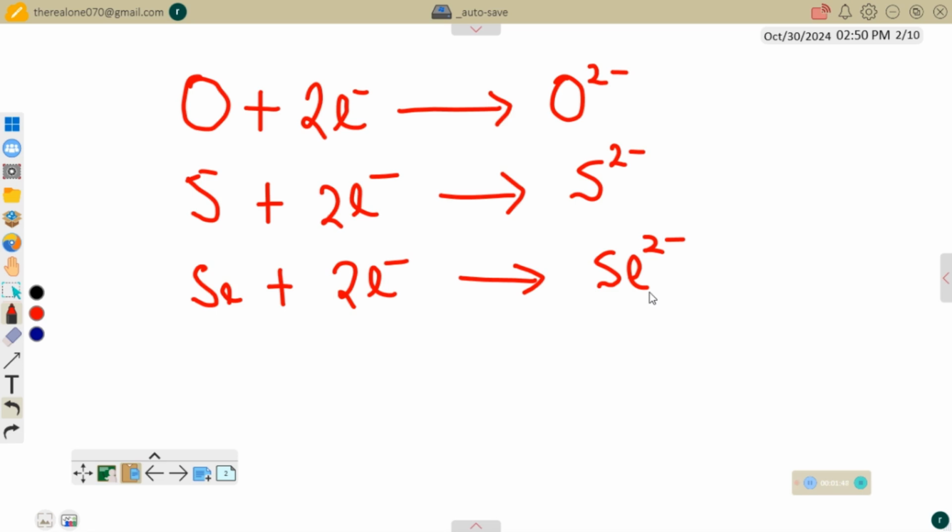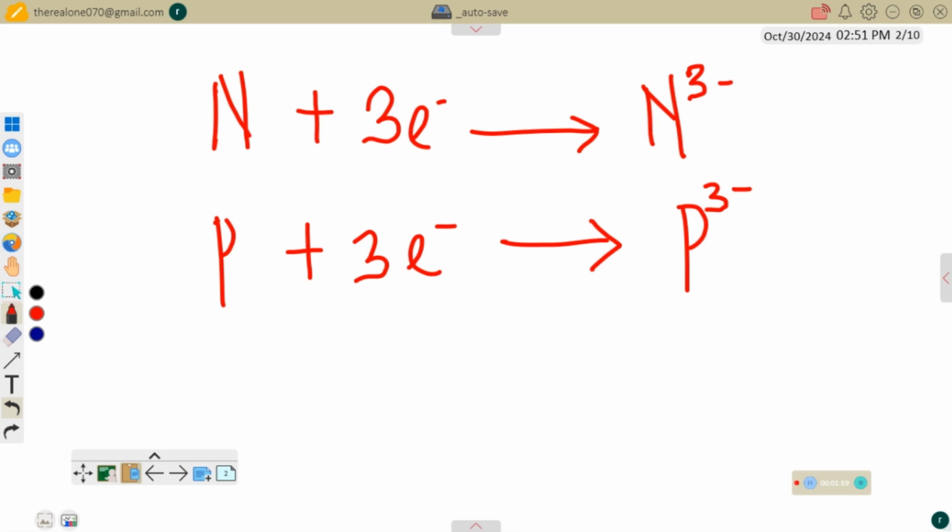Then other elements in other groups also ionize the same way. Let's consider group 5 elements, something like nitrogen and phosphorus. These elements belong to group 5. Now, nitrogen is capable of gaining 3 electrons because we need 3 in addition to 5 to complete 8 electrons.